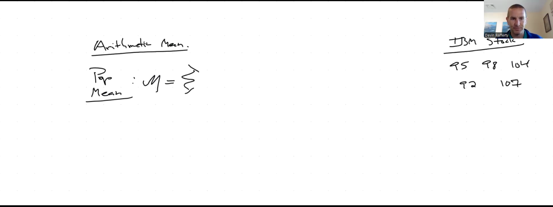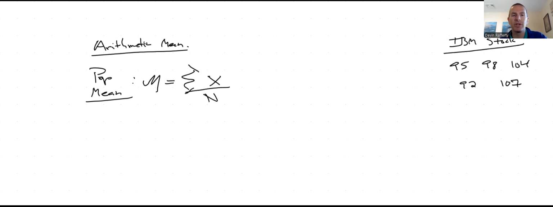Sigma stands for the summation, summate all of the terms. So we are going to summate all of our X terms and then divide by capital N. Capital N is the number of observations in the population.